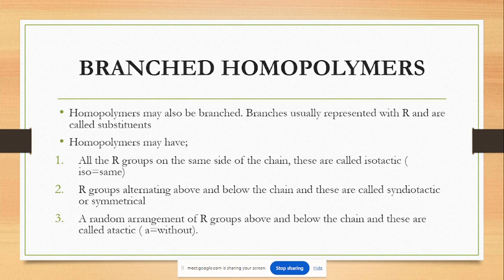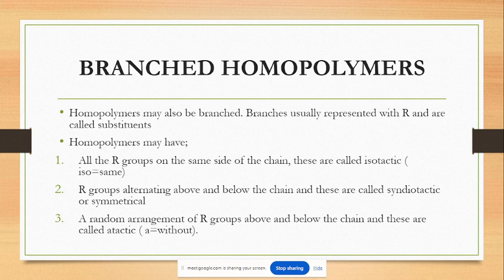Okay, now the branched homopolymers are so many in types, but they are dependent on the arrangement of these substituents that are there on the chain. Okay, so initially there's a long backbone, a central chain of a polymer, and then about that central chain there are R groups radiating, which are substituents.